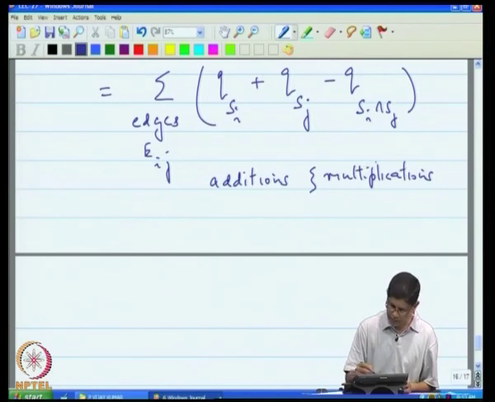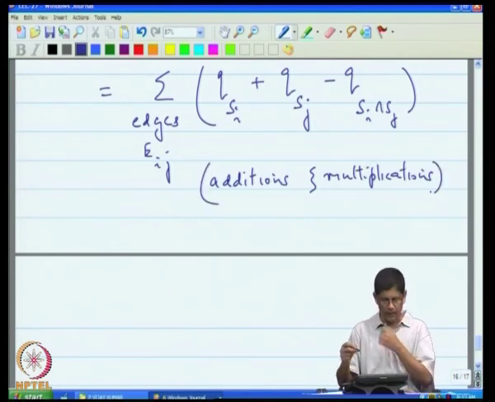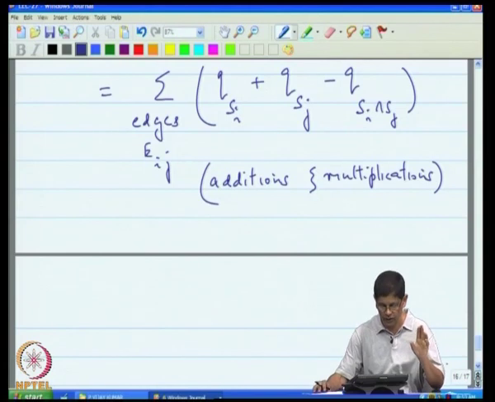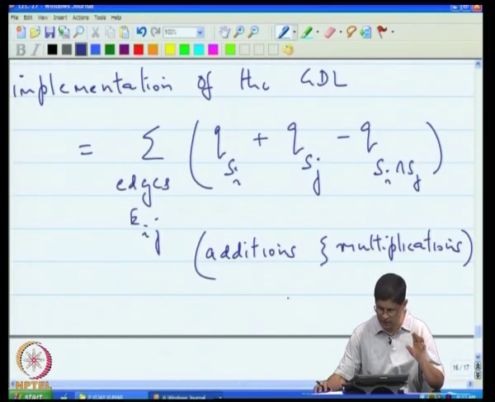Again, I use the term additions and multiplications, but these really are a reference to the two operations in the semi-ring, which in the sum-product semi-ring turn out to be additions and multiplications.